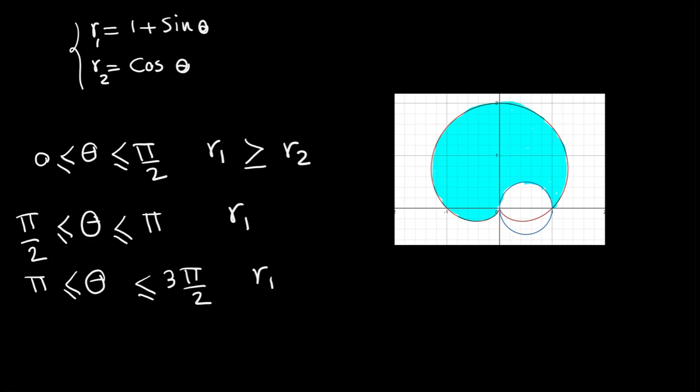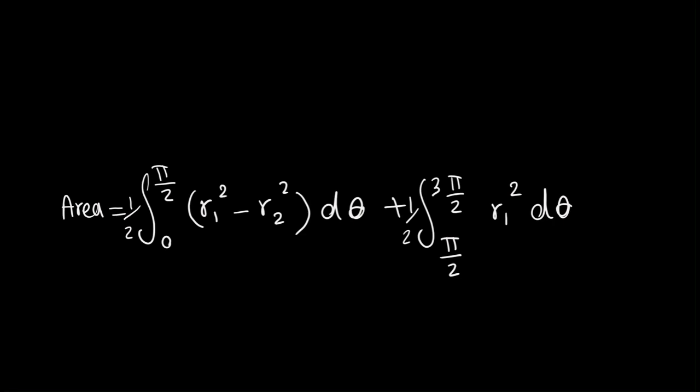So the formula is the integral from 0 to pi half in the first quadrant, the subtraction of the square of r1 and the square of r2. r1 is 1 plus sine and r2 is cosine. We know that r1 is larger. And then the integral of r1 squared from pi half to 3 pi half. Now let's replace r1 and r2 by their equations.